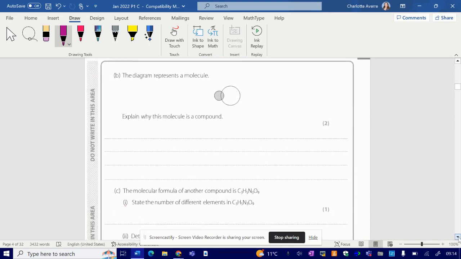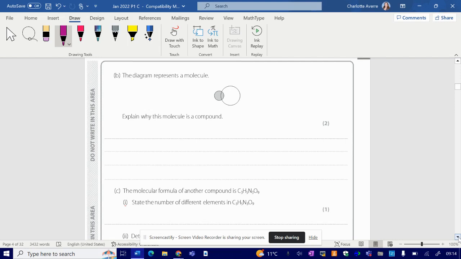Okay, the diagram represents a molecule. Explain why this molecule is a compound. So here you need to be aware of the definition for a compound, and you need to link that to what you are seeing.